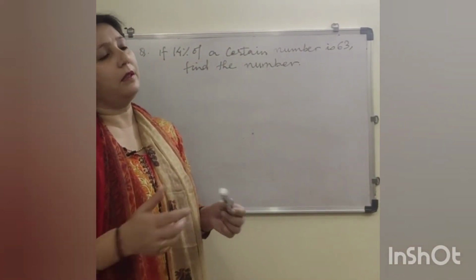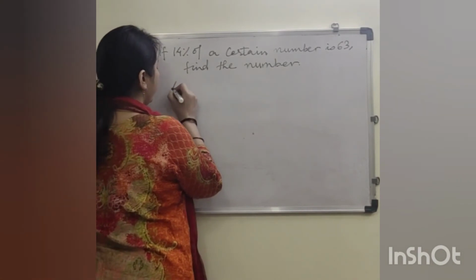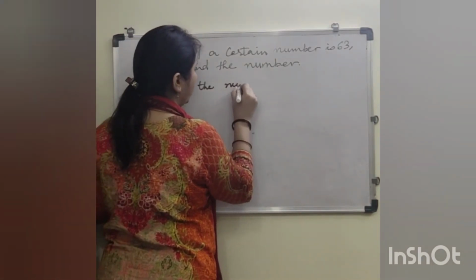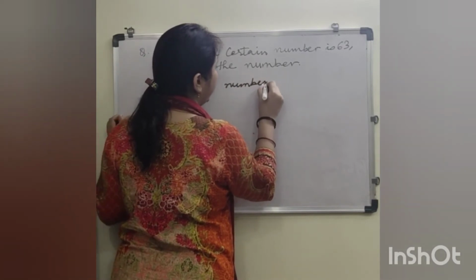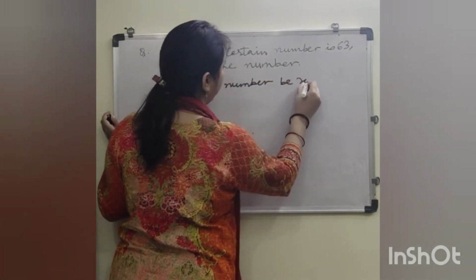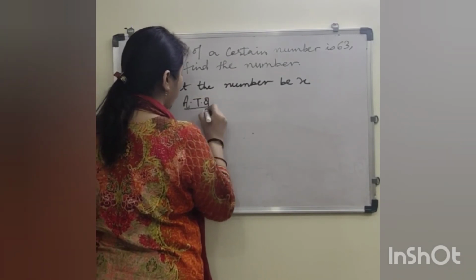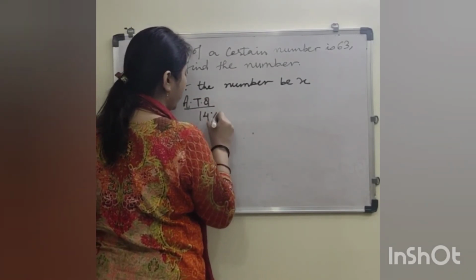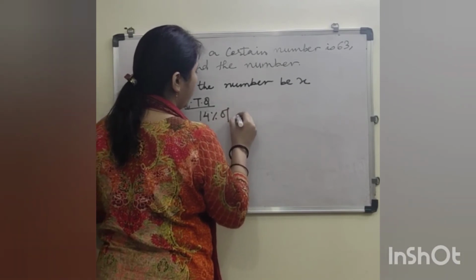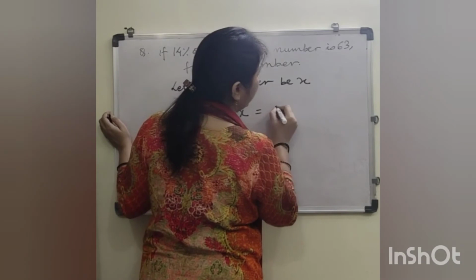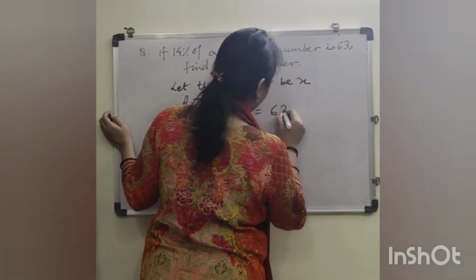We can let the number be x. Then according to the question, what do we have? 14% of x, a number means of x, is equal to 63.